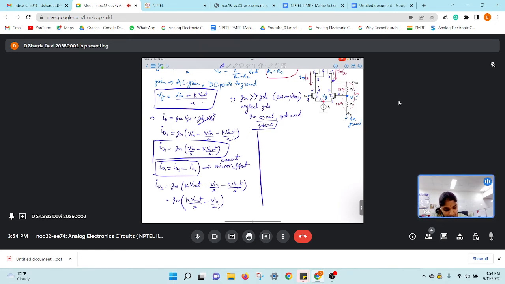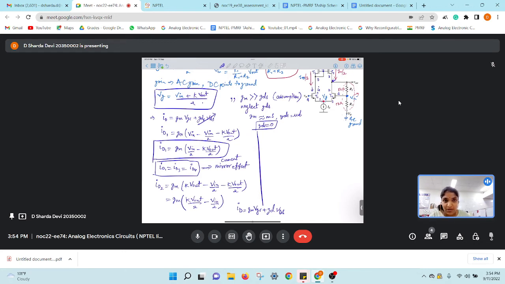No, ma'am, this equation... Look, when we say ID equals GM VGS plus GD VDS, the current flows from drain to source always for an NMOS.